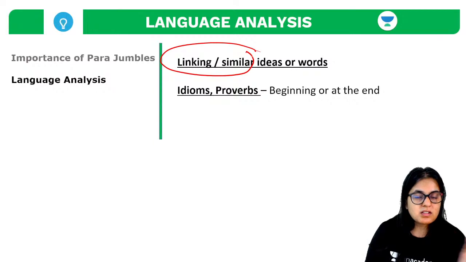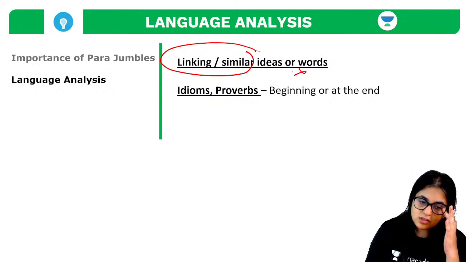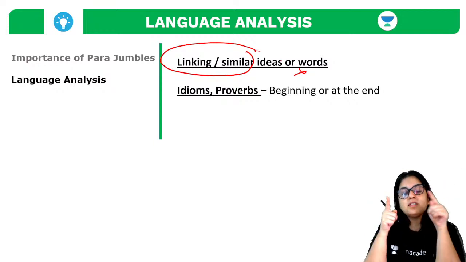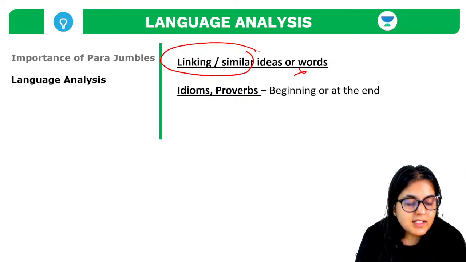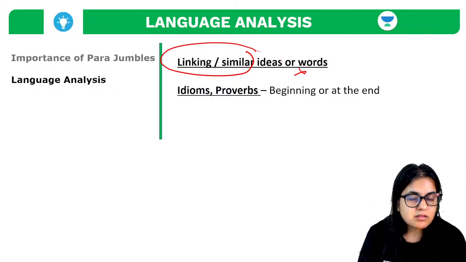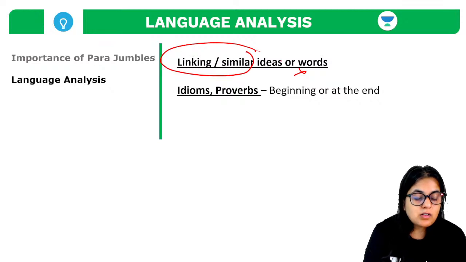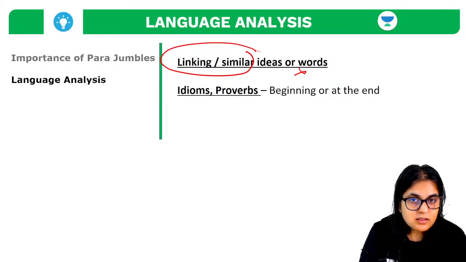I would generally not say link similar words together, that this sentence has this word and that one also has it, so put both together. No, link similar ideas together. Build subsets. Idioms, proverbs, general quotations can be exceptions, guys, but they generally come towards the beginning. Did all of you understand this?